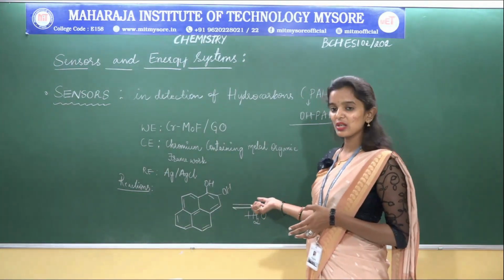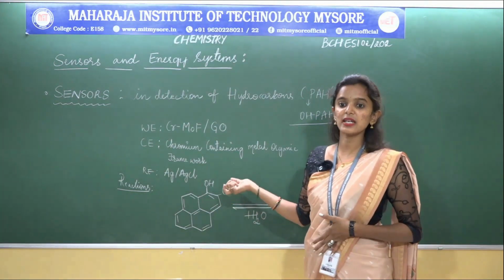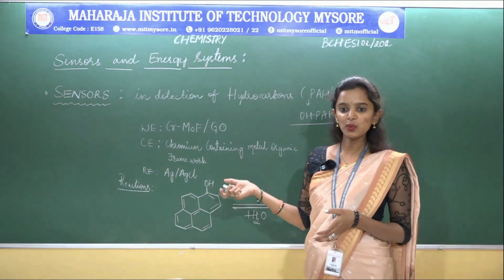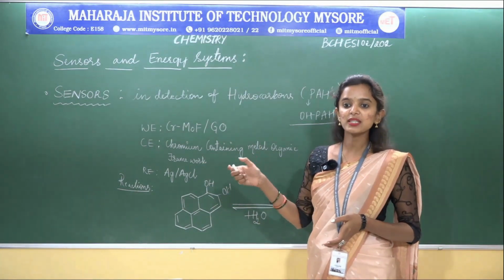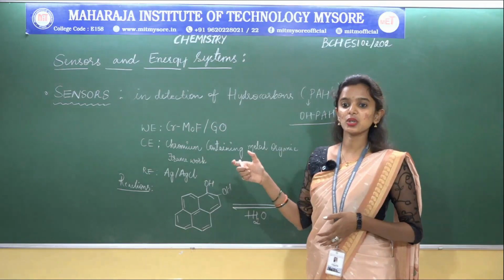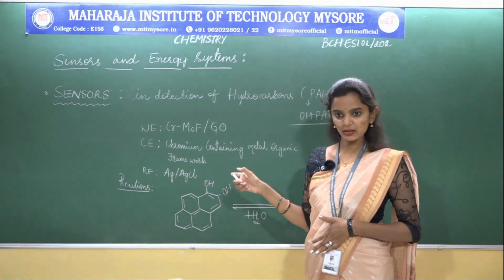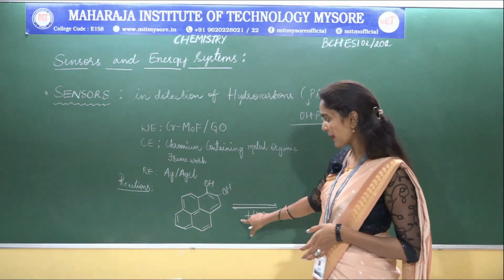Once the reaction takes place, the current flows. The current produced is directly proportional to the concentration of 1-hydroxypyrene, but it doesn't stop as such.